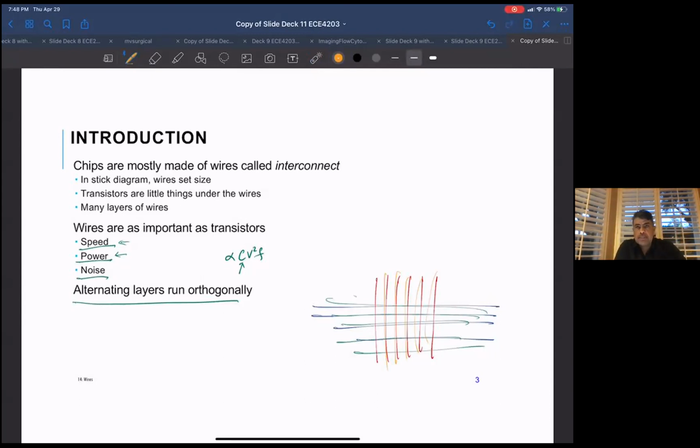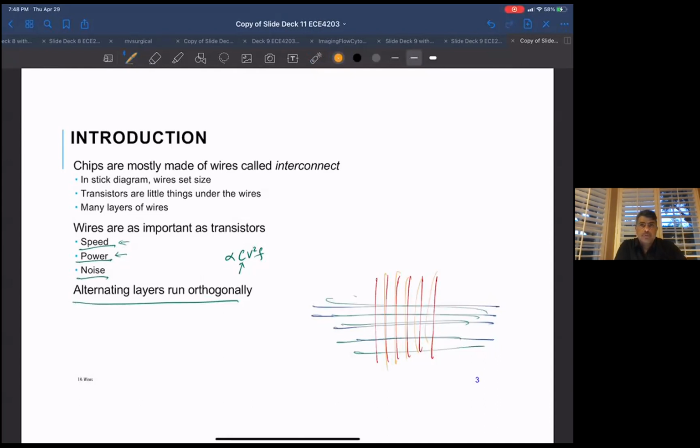Another thing that happens is you're almost never working on a chip by yourself. So you have to come to some agreement with the other designers to always route things a certain way.